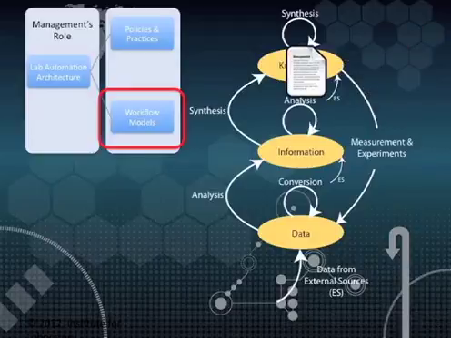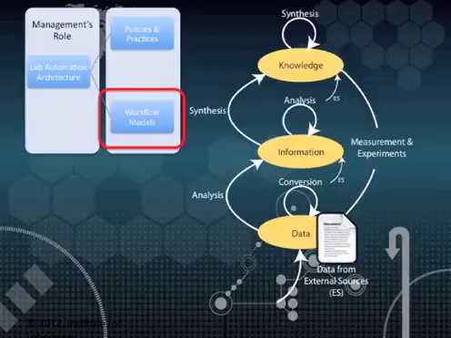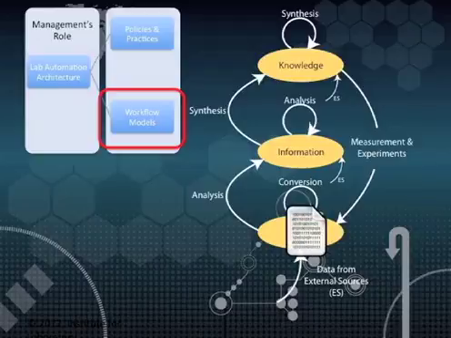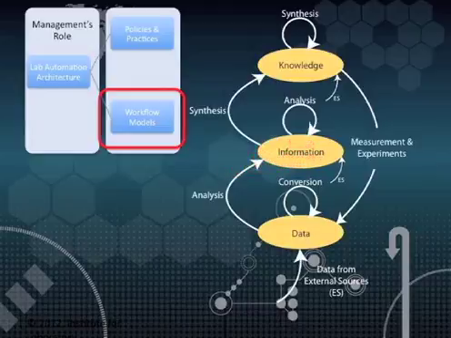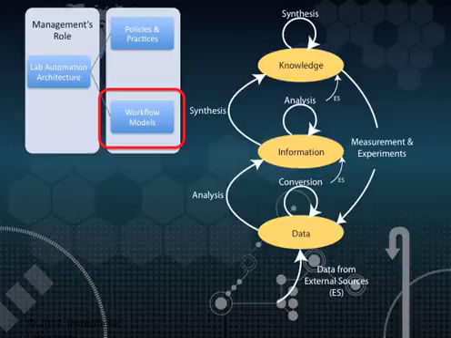If we're running a test, we would read the test procedure from a document in the knowledge database, do the processing as part of the measurements and experiments process line, record the data in the instrument database, carry out a data analysis, and with the results being stored in the laboratory information management database. Testing laboratories, and in particular quality control, would omit the synthesis step for the creation of new knowledge, which usually occurs in research and method development laboratories.